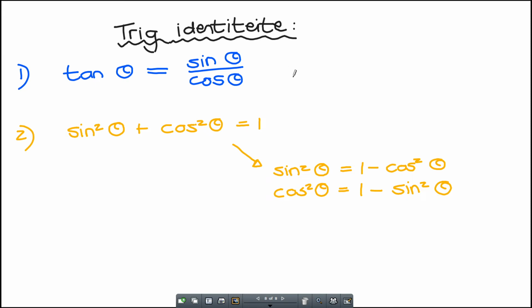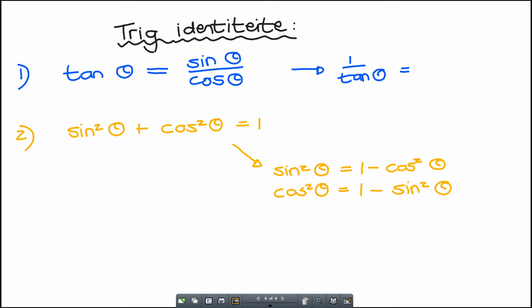Van hierdie bloue af, sê nou maar hulle sê vir jou 1 over tan theta. Nou kyk gou. Hierdie tan theta is actually tan over 1. Nee.